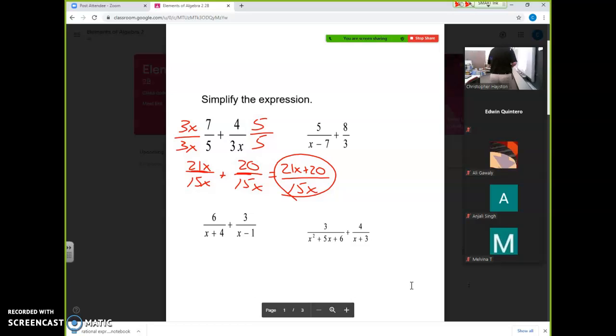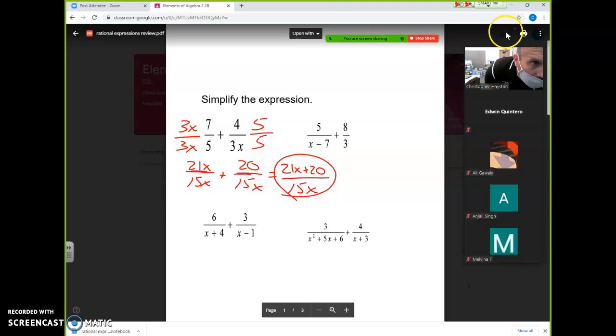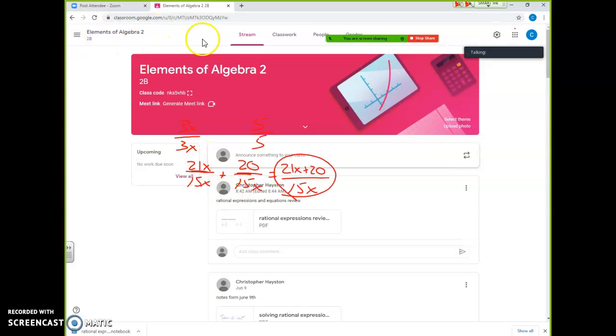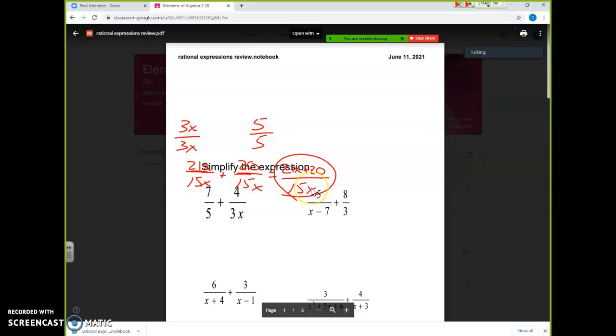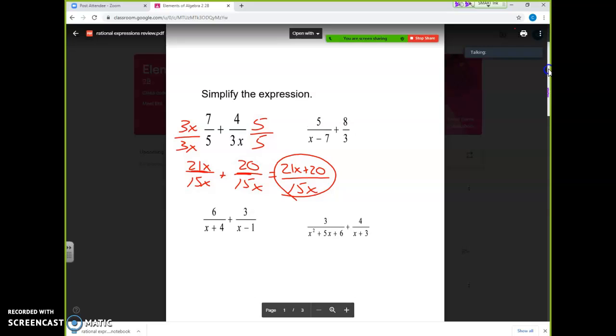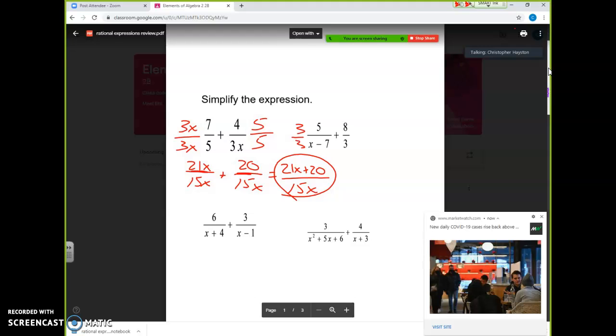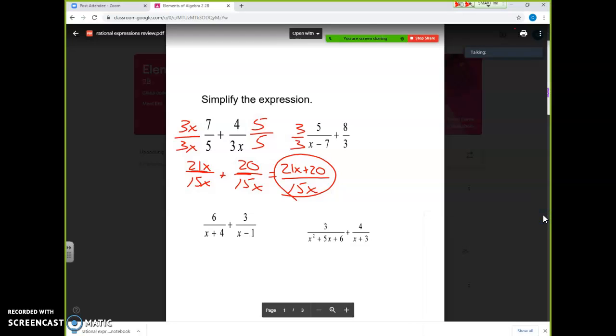The second one, same deal. Okay, so that second one, same deal. 3 over 3, x minus 7 over x minus 7.